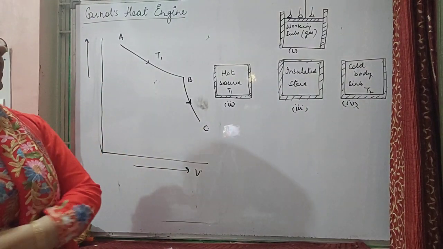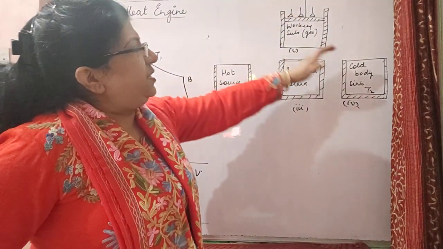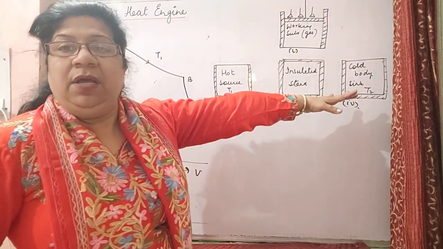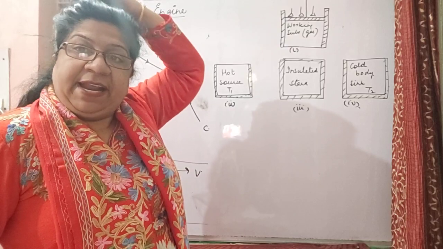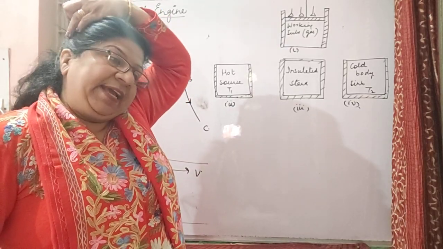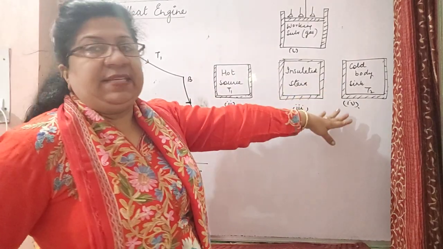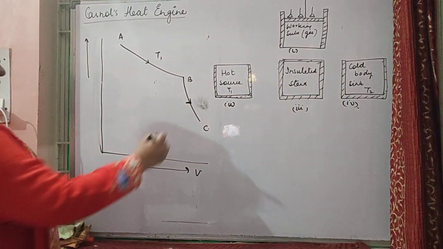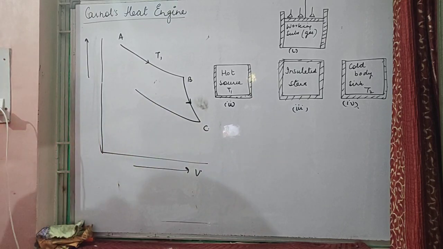But what is happening is that here again at T2, because whatever temperature is increasing, that temperature is being shared with the cold body. So there is no change of temperature, and hence again the compression is isothermal compression.